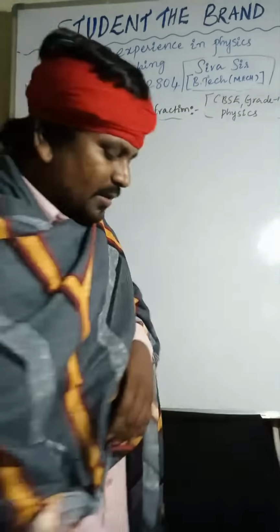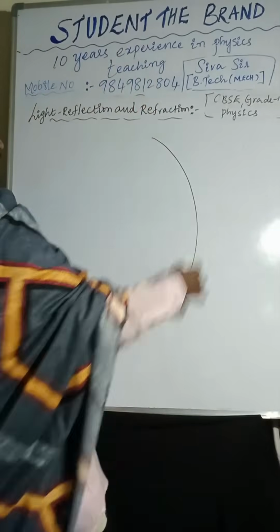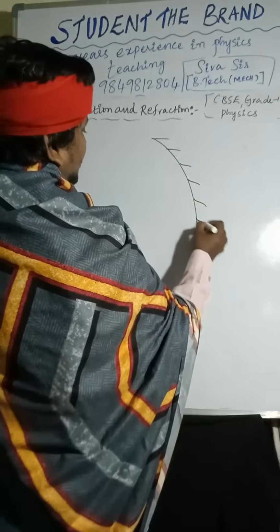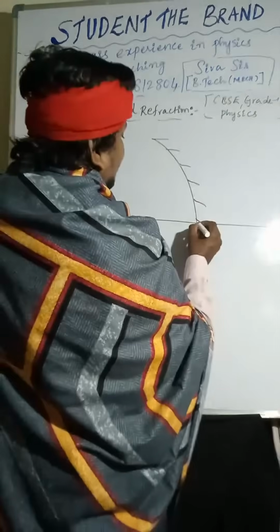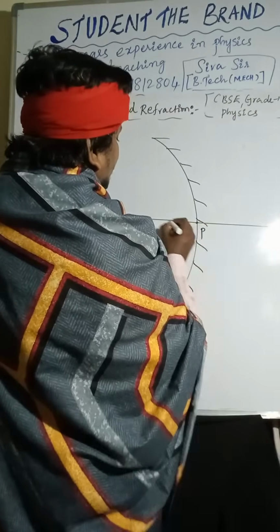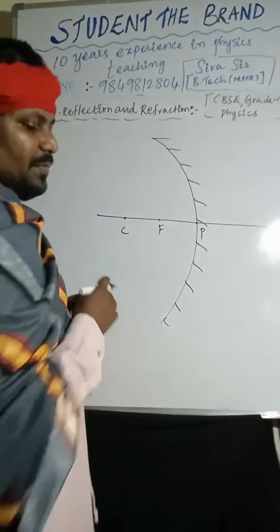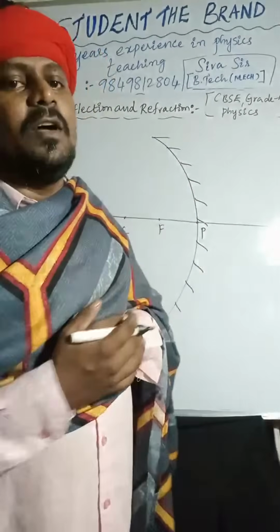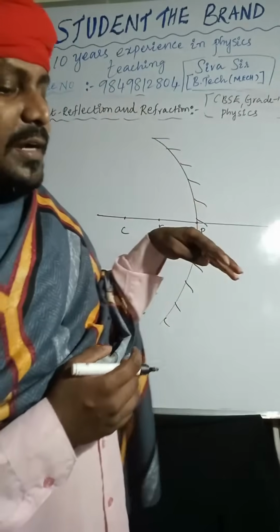So here everybody listen. I am taking the spherical mirror, I am considering the mirror here. All measurements will be taken from the pole. In the direction of incident rays, all are positive. Opposite to incident rays, all are negative.